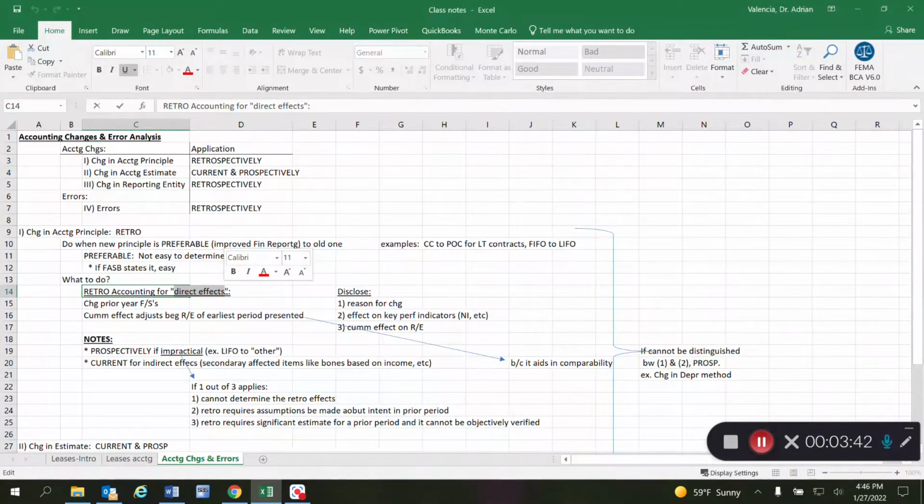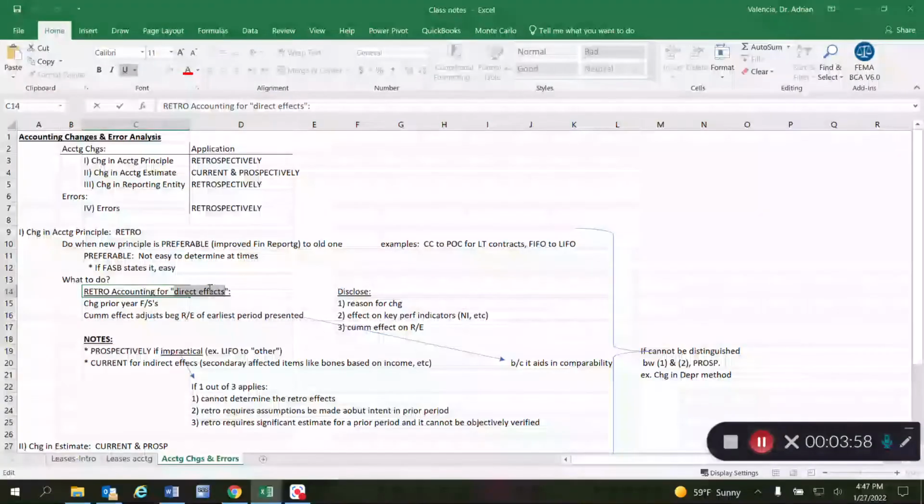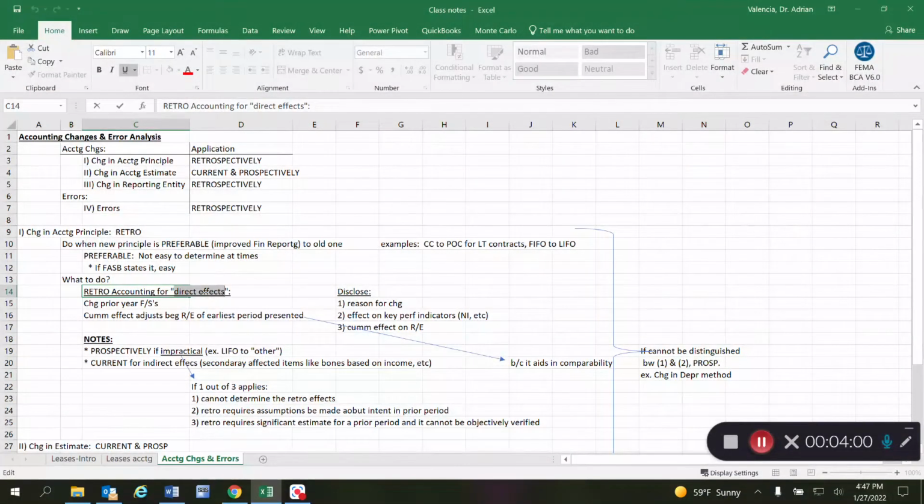Of course, if we change the accounting principle, it might change net income, which is the direct effect. It might change an expense account or an asset account, things of that nature. Those would be considered direct effects. But then it might also change net income, which indirectly affects other things. So we'll talk a little bit about the indirect in a minute, but for now, let's focus on the direct effects.